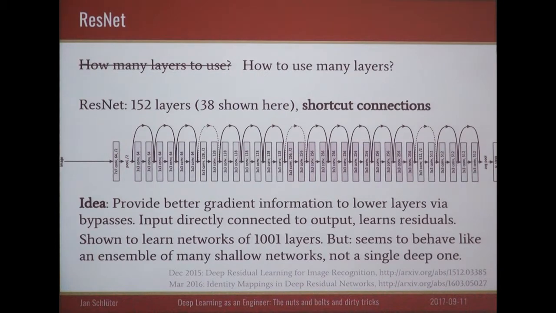Then there's the ResNet, where the idea is to introduce some skip connections, some bypasses, so that basically the output directly depends on the input to the final classification layer, and directly access the input, and all the layers in between learn the residual errors that are made. So the transformation these 2 layers do is added on top of the original input.